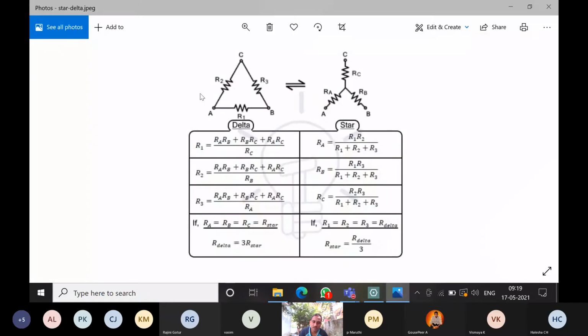Suppose you want the formula, note down this. Star to delta and delta to star conversion. So note down these formulas.